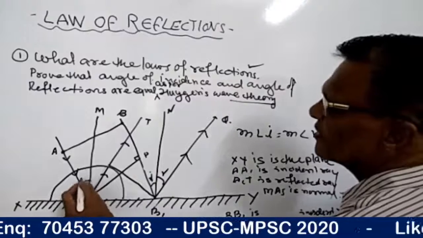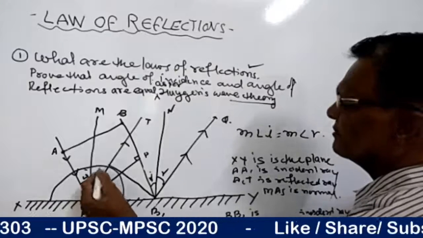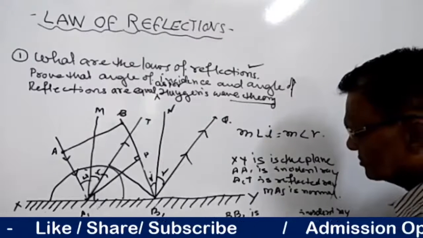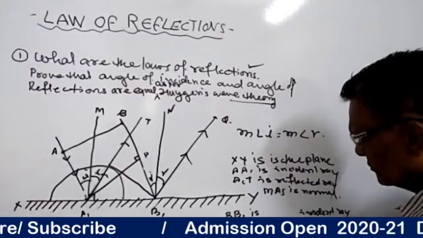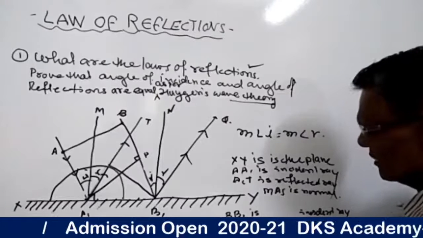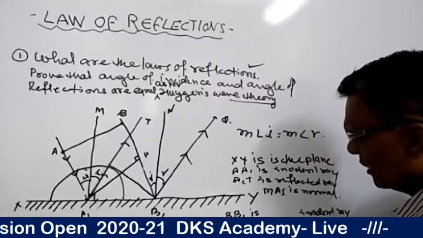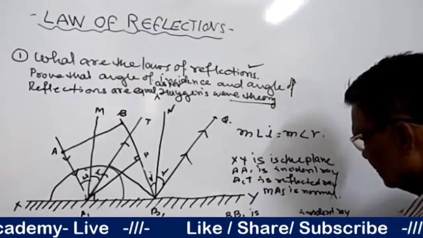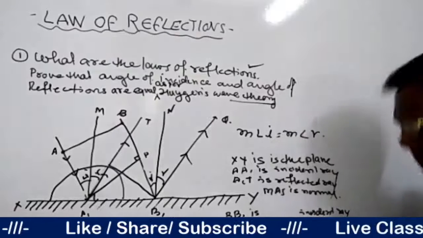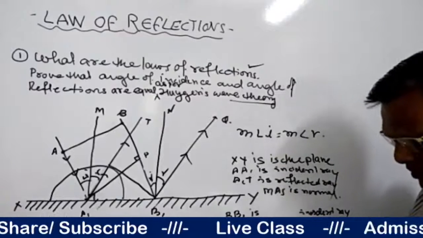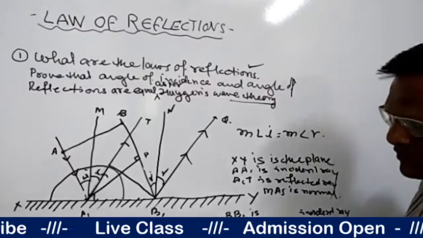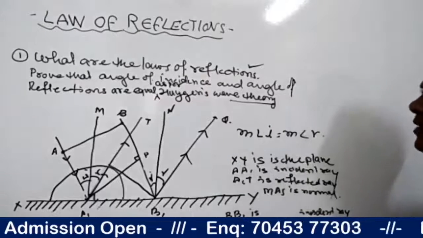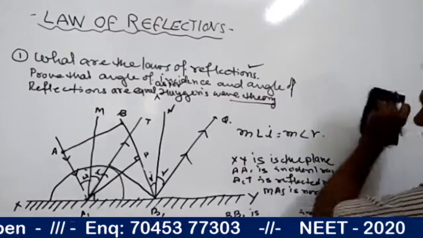Here I equal to angle of incidence and R equal to angle of reflection. So we will see the next step. As you have done the data, you copy out this diagram and the data of this diagram.